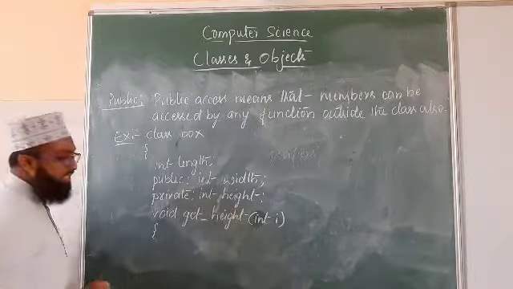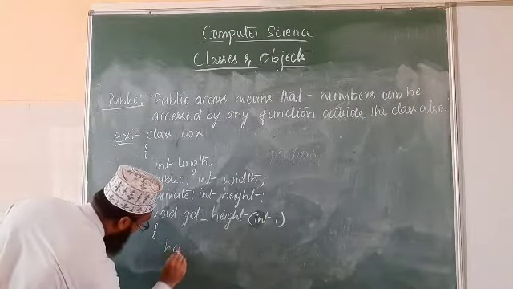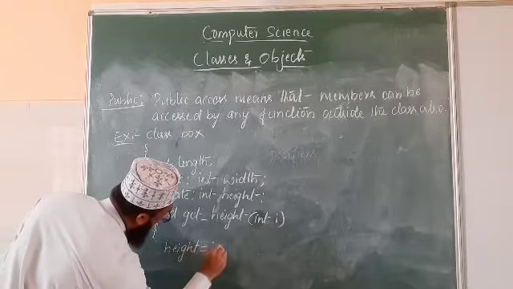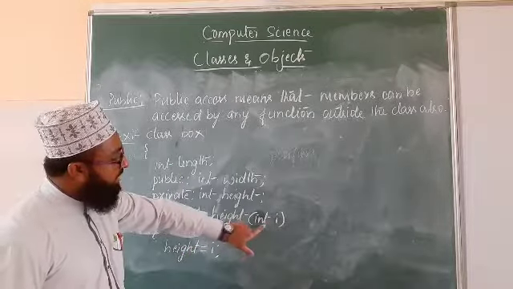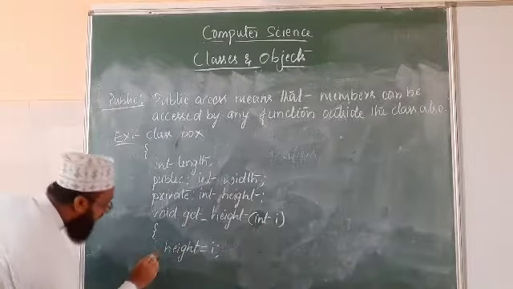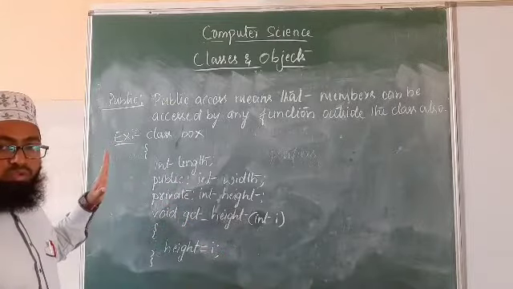Open a brace here. After that height equals i, because we have taken the argument as i. So height will become i here, then close. So void get height is closed.